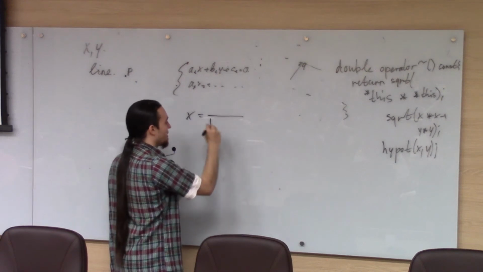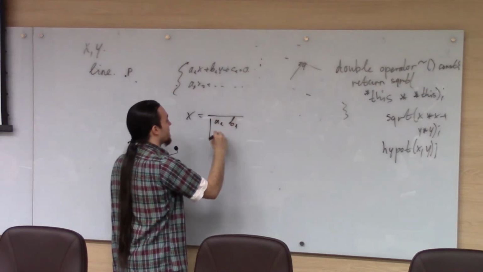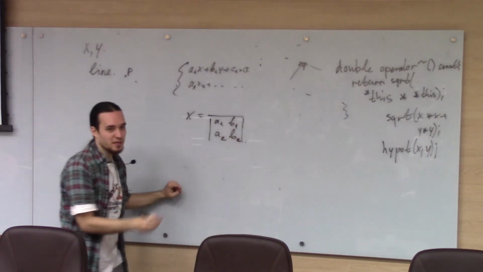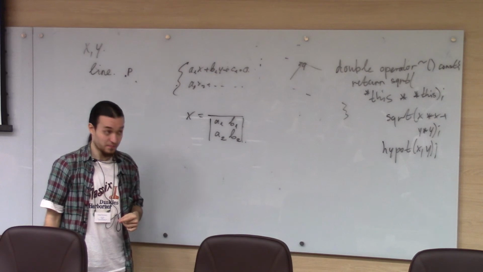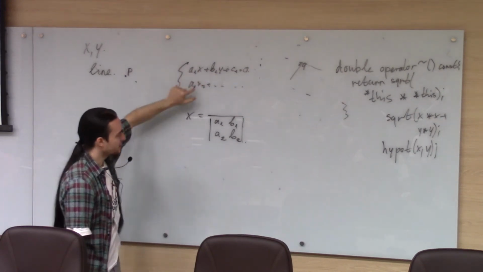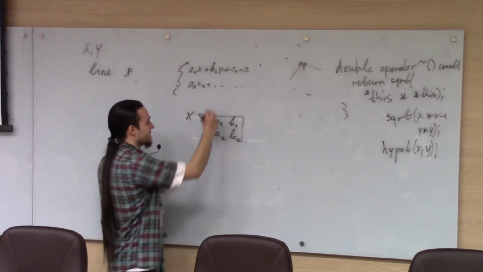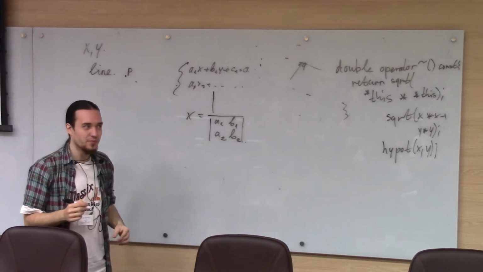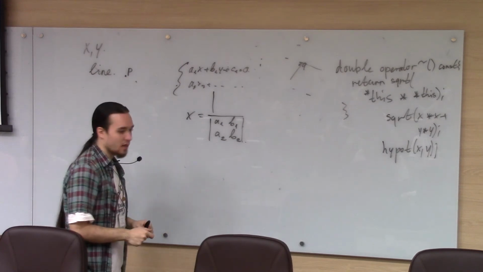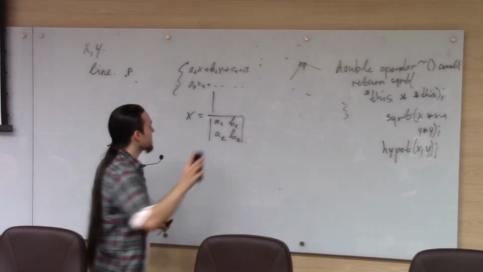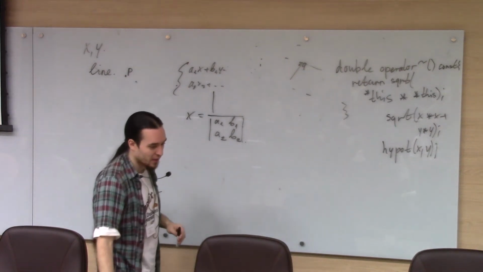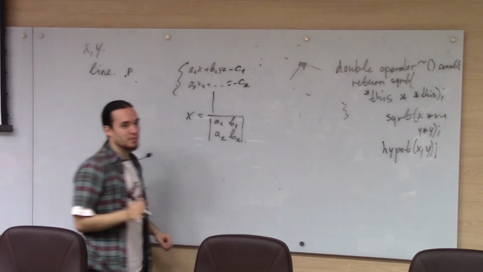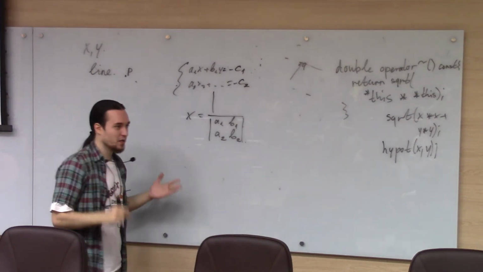In the denominator, we will have the determinant of this matrix that just consists of A's and B's in the order they come here. In the numerator, it's almost the same, except that first we want to rewrite this equation as minus C1 and minus C2, just for this to work.